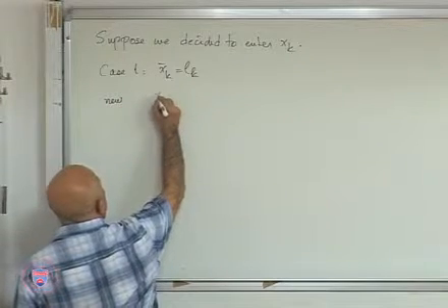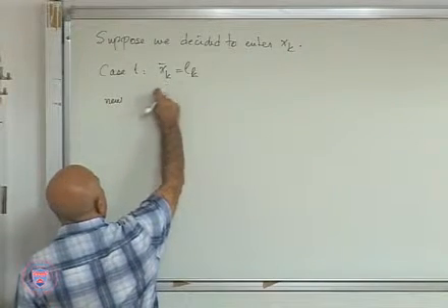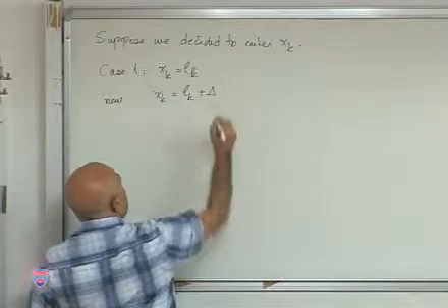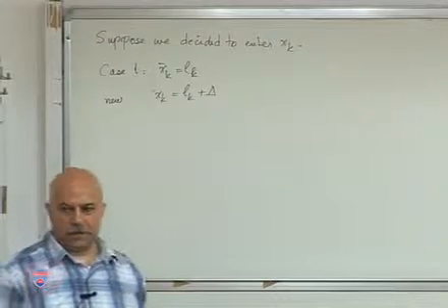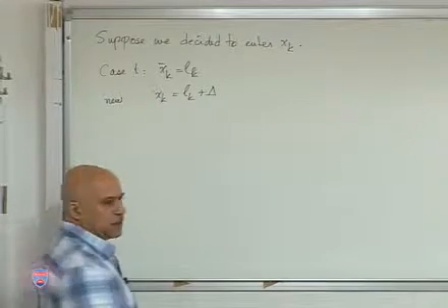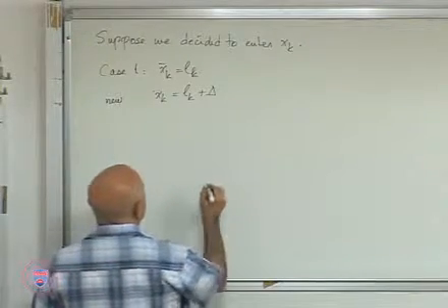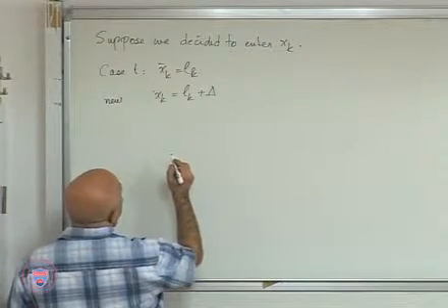New value will be the lower bound plus some amount delta. You're increasing it by delta. Delta is positive here. Okay?